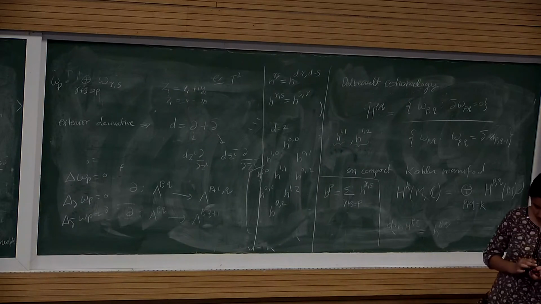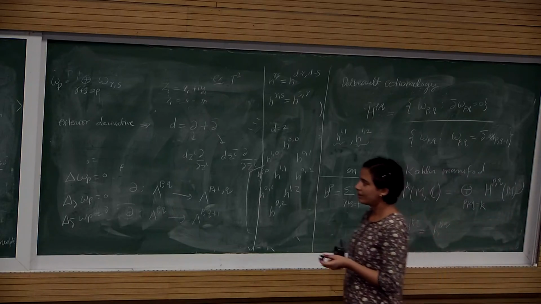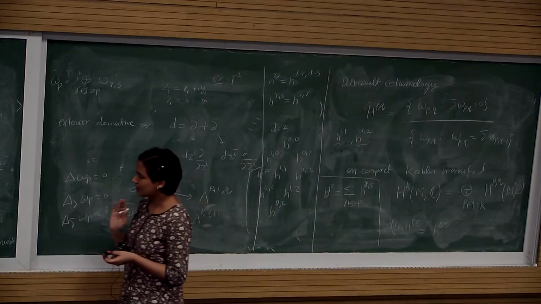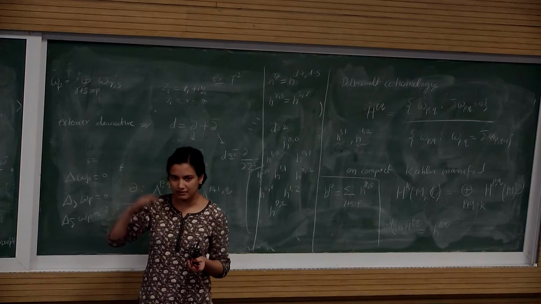You will only be looking at Kähler forms? The cohomology is for any (p,q) form, right? Yes. So you will have p equal to q for Kähler, right? Yes. So you will only be looking at those? No, we'll be only looking at those relevant to the moduli fields corresponding to the compactified metric.